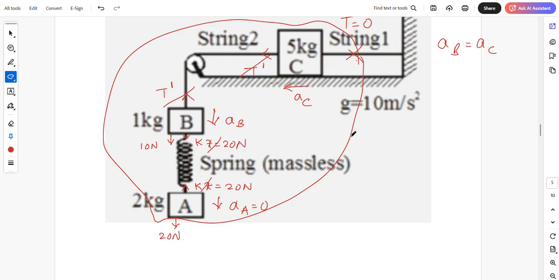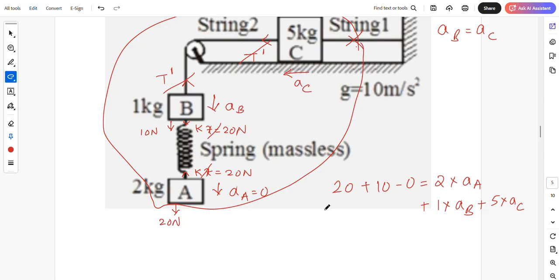Now I can use Newton's laws of motion. The driving forces 20 plus 10, minus the opposing forces, which is nothing, is equal to the mass of each block times its acceleration. How much is the mass? 2 kg, so 2 into AA, plus 1 into AB, plus 5 into AC.